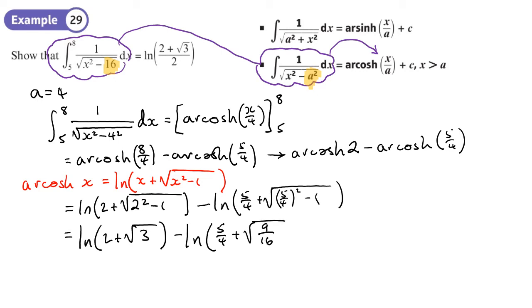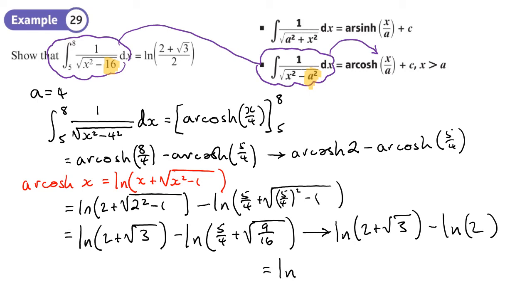The square root of 9 over 16, it's like they choose these numbers deliberately to make it easy in the second bracket. So that'll be 5 over 4 plus 3 over 4, which is 8 over 4, which is 2, so log 2. And then last thing, when you're subtracting with logs, the rule says you can do it as a division.